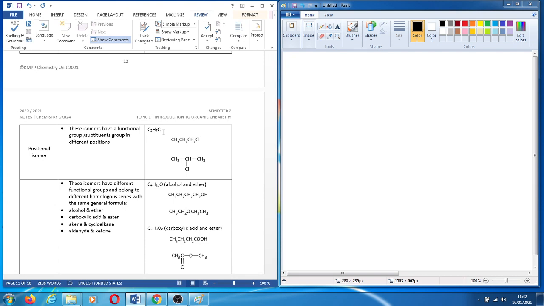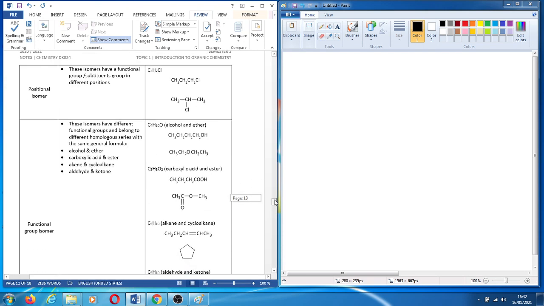Cl is the functional group. It is located at carbon 1. The second compound here, Cl, the functional group, is located at carbon 2. Thereby, when we compare structure 1 and structure 2, it is position isomer, the different position of the functional group.